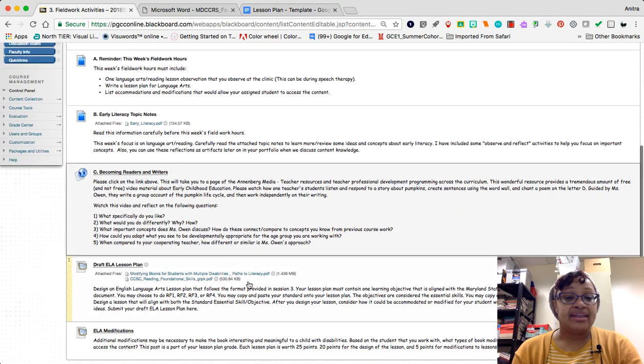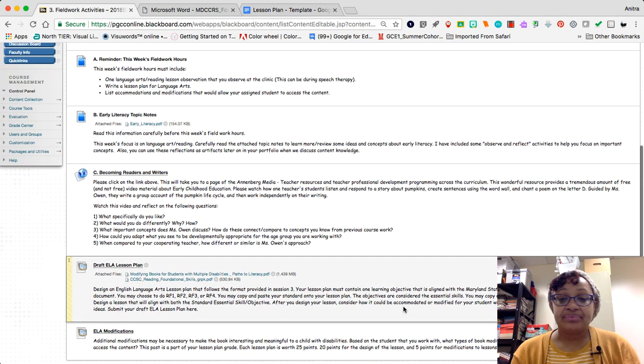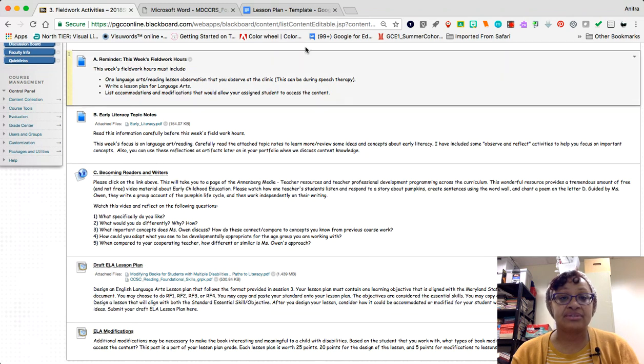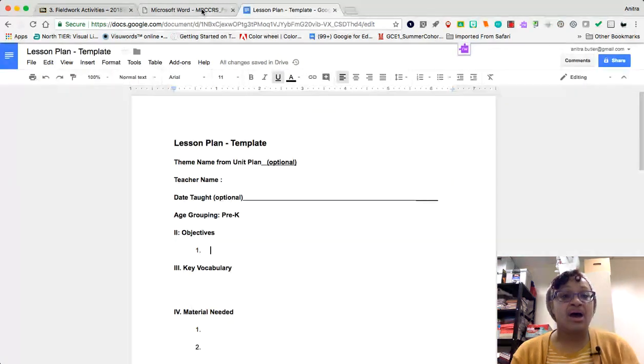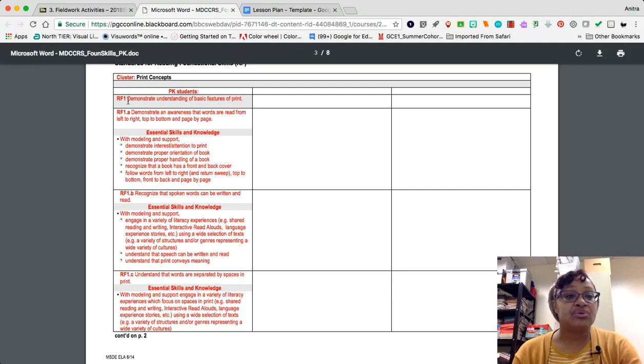Now, it says right here that you may choose from RF1, RF2, 3, or 4. The objectives are considered the essential skills. So let's explain that. RF stands for Reading Foundation Skills, Standard 1, which is Demonstrate Understanding of Basic Features of Print.